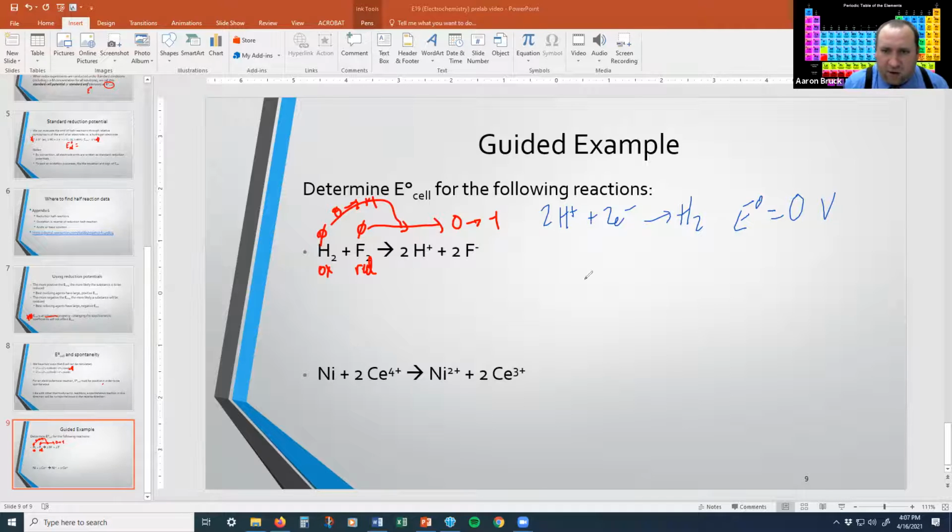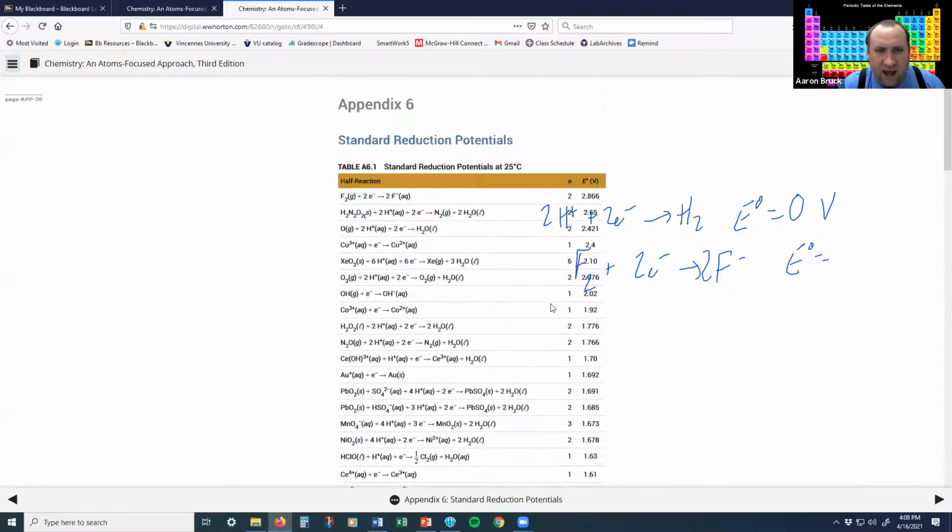The other reaction that we're interested in is fluorine plus 2 electrons to make 2 fluorides. That one I need to go back to the tables and look up. It's going to be high on the list because fluorine is extremely electronegative: 2.866 volts.